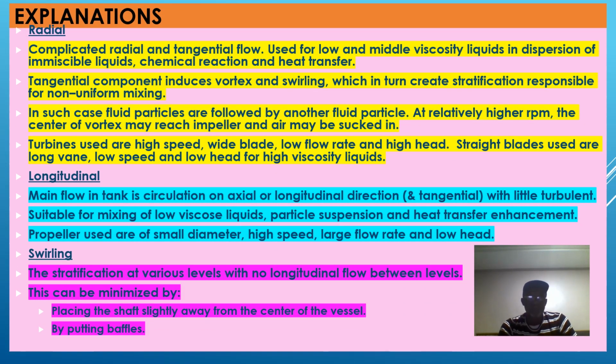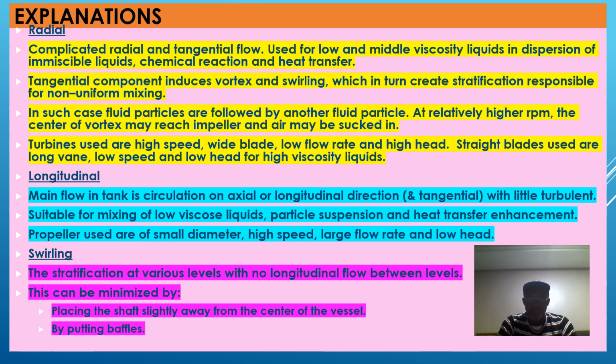Now, explanations: radial, longitudinal, and swirling. The tangential component induces vortex, like we said, and swirling, which in turn creates a lot of problems. In such cases, fluid particles are followed by another fluid particle. Swirling is defined as stratification at various levels with no longitudinal flow.